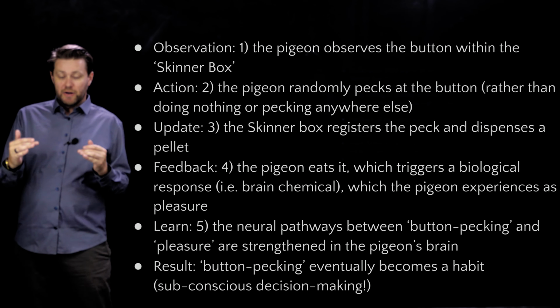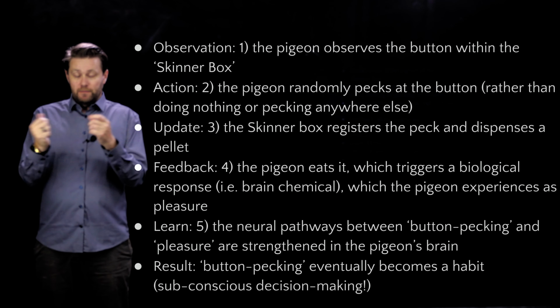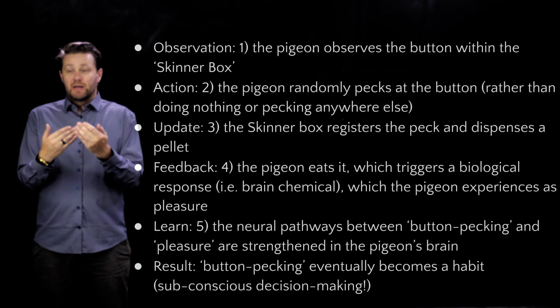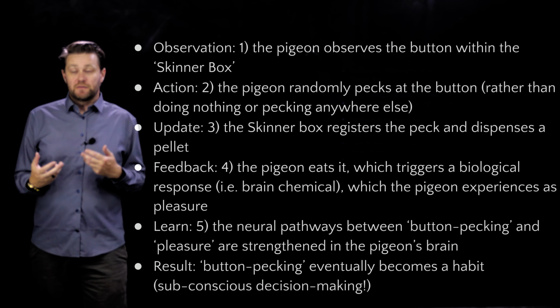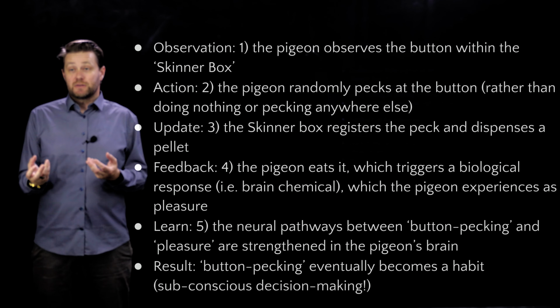So what happened is the neural pathways between pecking and pleasure are strengthened in the pigeon's brain. And if this process iterates a sufficient number of times, then that develops a habit.